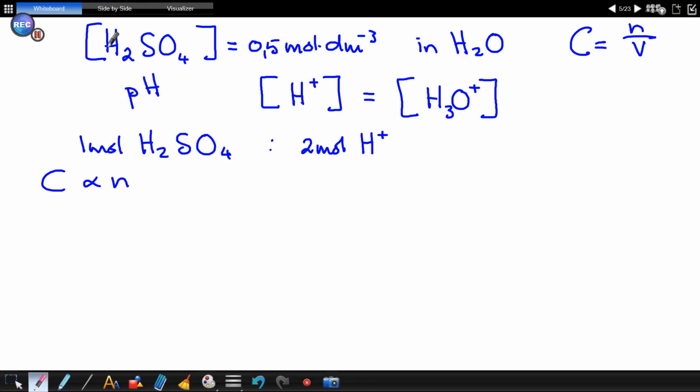So if the sulfuric acid has a concentration of 0.5 mole per cubic decimeter, what is the concentration of the hydrogens or the oxoniums then? 1 mole per cubic decimeter. What will the pH then be?